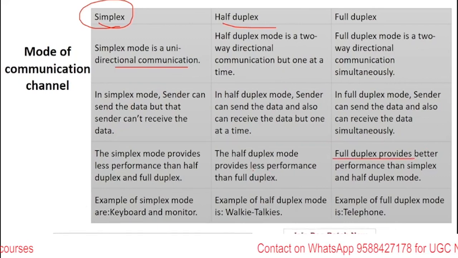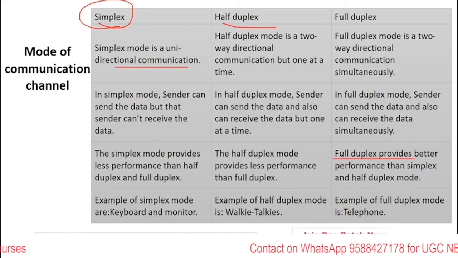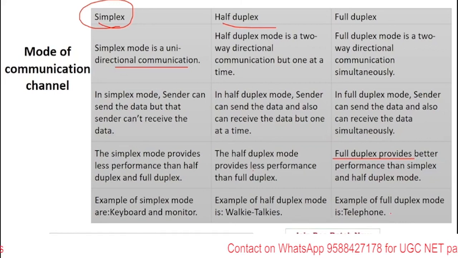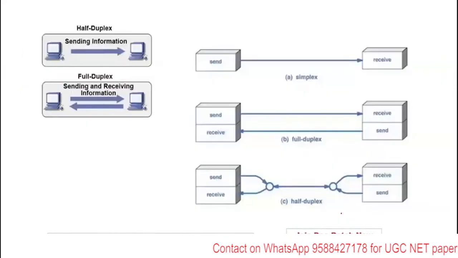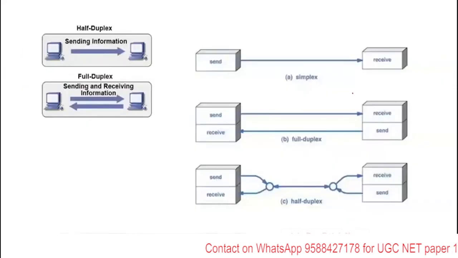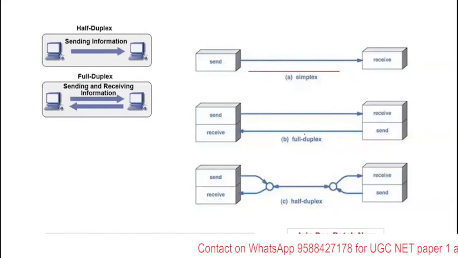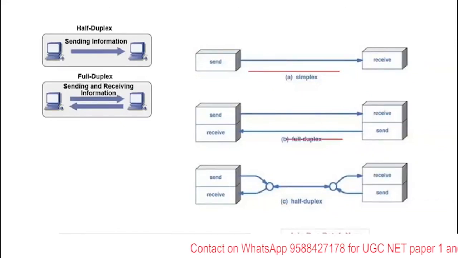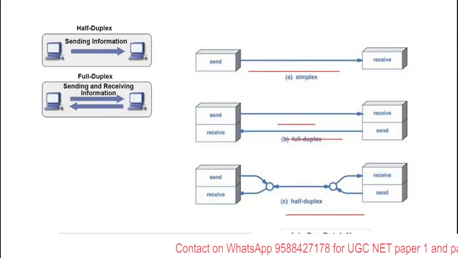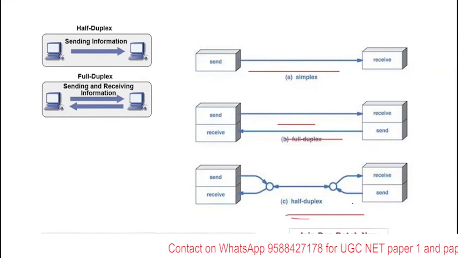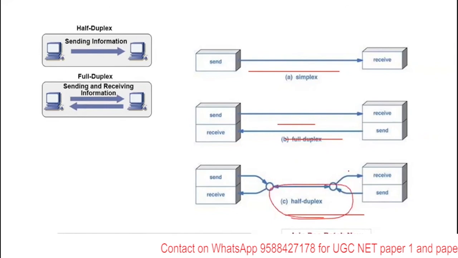Examples: for simplex, keyboard and monitor; for half duplex, walkie talkies; and for full duplex, your telephone. In simplex, data moves only one side; in full duplex, it can happen in parallel; and in half duplex, it is one at a time.